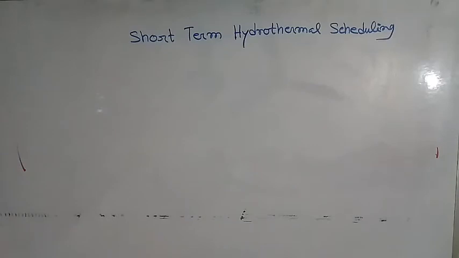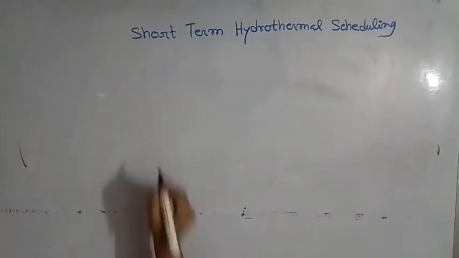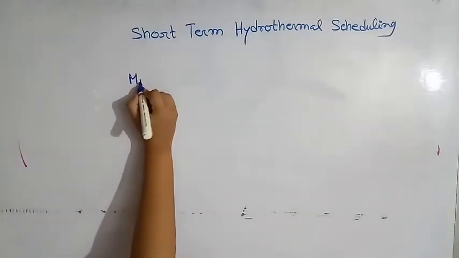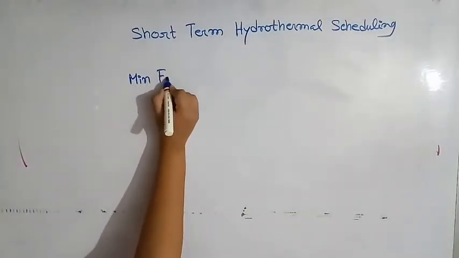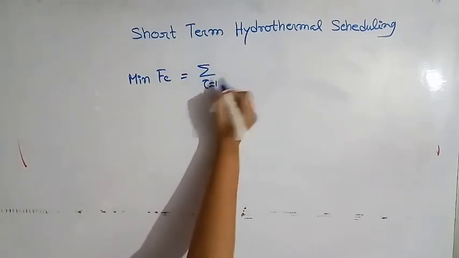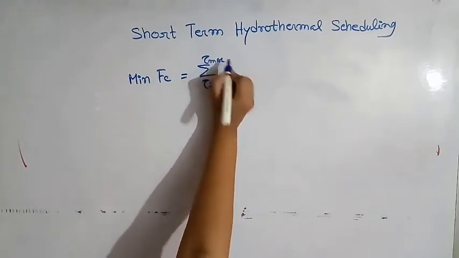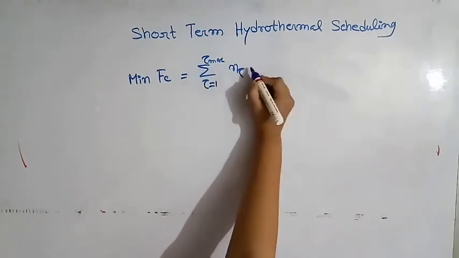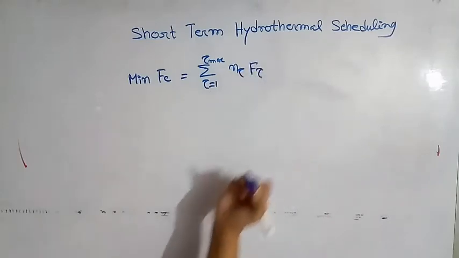Assuming that the hydro plant alone is not sufficient to supply the load demand during the period in question, and that there is a maximum total volume of water flow throughout the period of T max hours, the problem can be formulated by stating: minimum fuel cost FC is equal to summation tau 1 to tau max, n tau f tau.